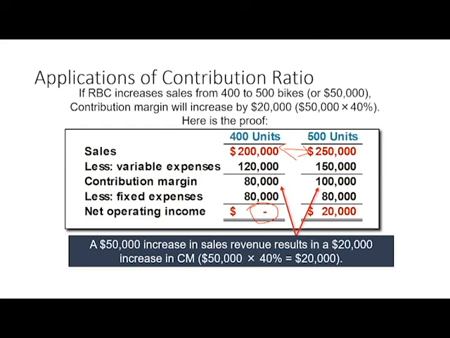Actually using the contribution ratio. 50,000 times 40%, and we get 20,000. So here is just the proof when we use this long way. Instead, just using the CM ratio, we are able to find straight away the net operating income, which is the same as here.